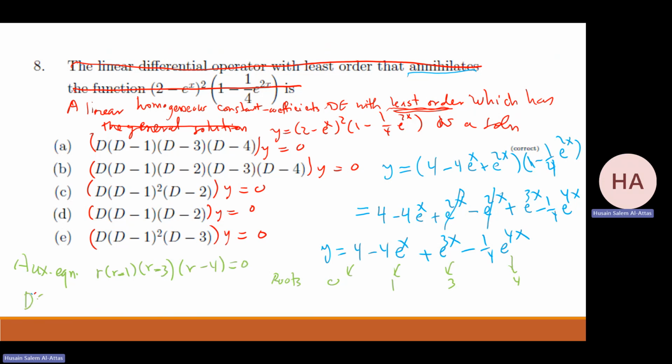So it will be my differential equation. I wrote it in terms of the operator, D, D minus 1, D minus 3, D minus 4, operated on y equal to 0, which is this one. I don't need D minus 2, because it's cancelled here. And I need the least order.